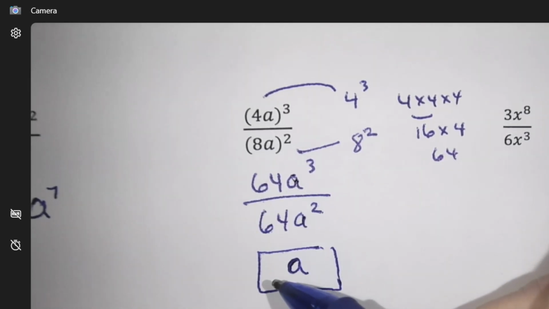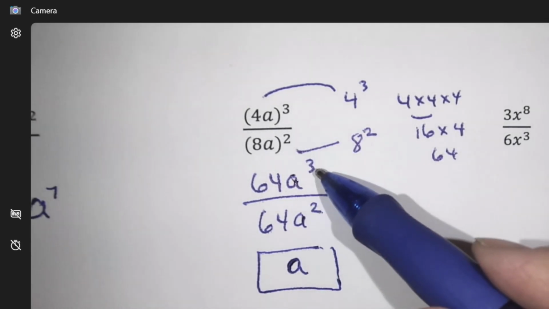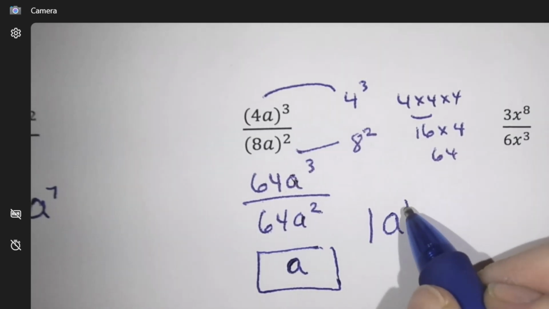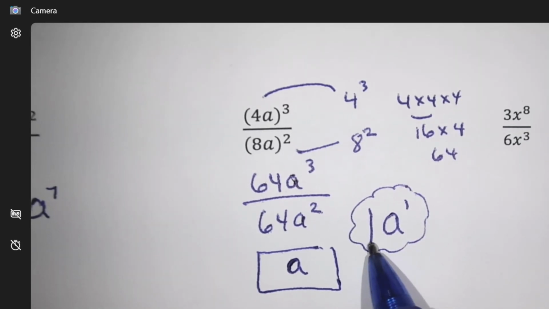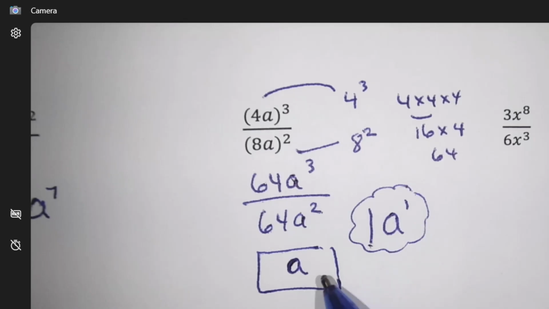Because 64 divided by 64 is 1. And I don't really need to write 1 times. And then subtracting makes, this is what it was. But do I need to write a coefficient 1? No. Do I need to write the exponent 1? No. Would I mark you wrong? I wouldn't. Would I encourage this? Yeah, I would encourage this one.